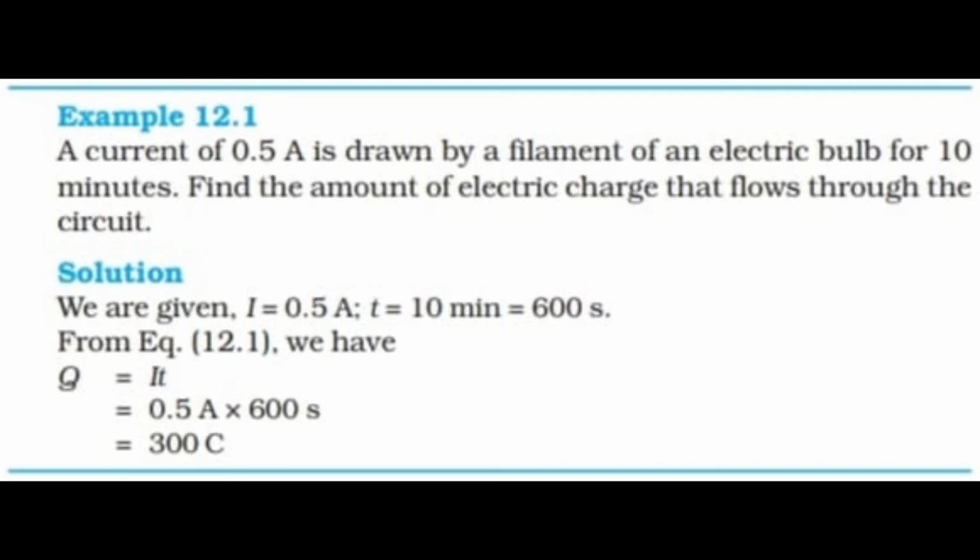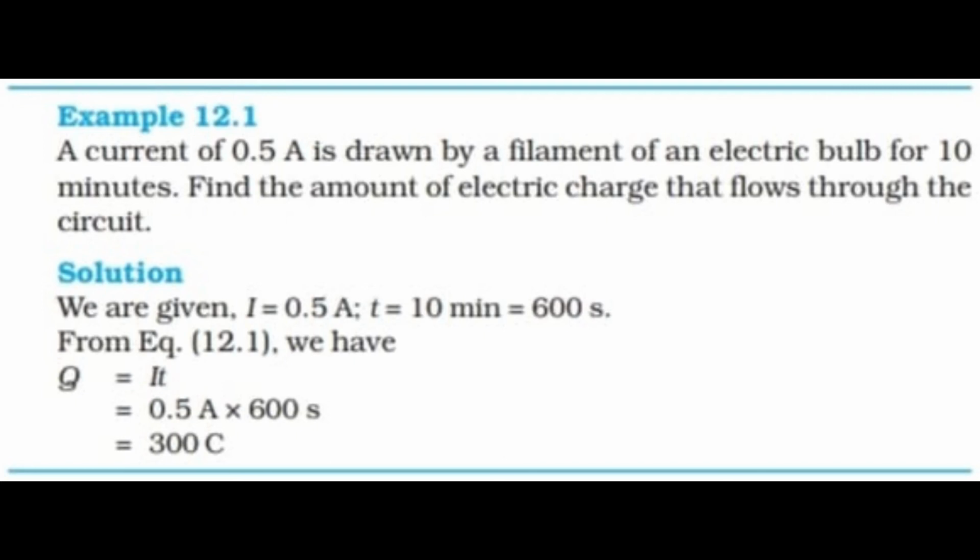Now write I is equal to Q divided by t, because I is given, t is given, and we have to find the value of Q. Therefore, Q is equal to I into t.